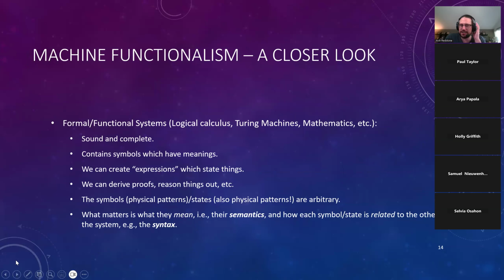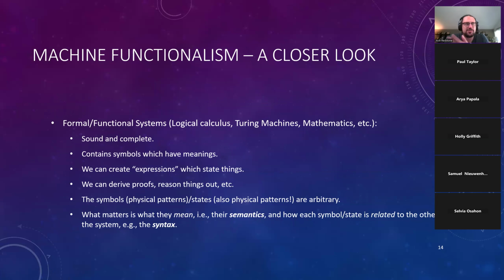I guess we should talk a little bit more about what we mean by formal and functional systems. These include things like the Turing machines we're going to talk about, but also things like logic. These systems are sound and complete, and they are made out of symbols. And these symbols can mean things, right?